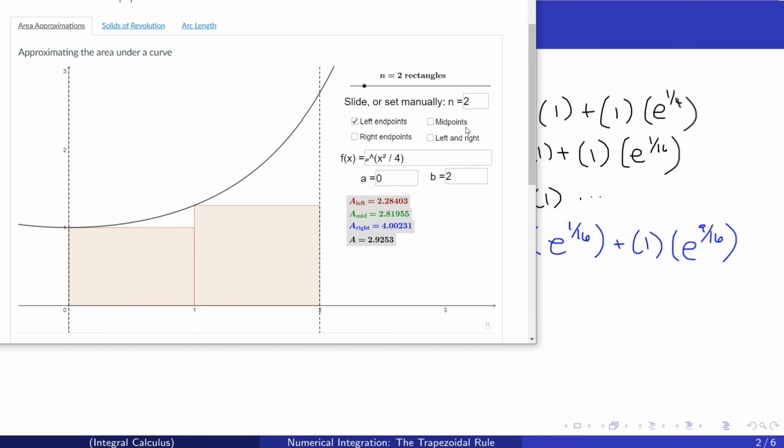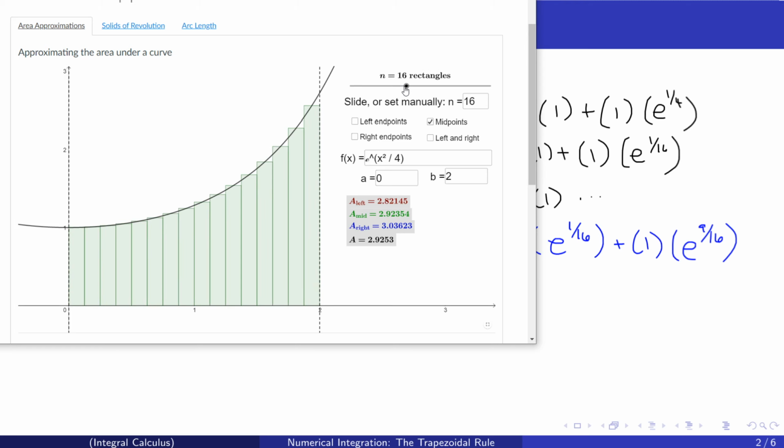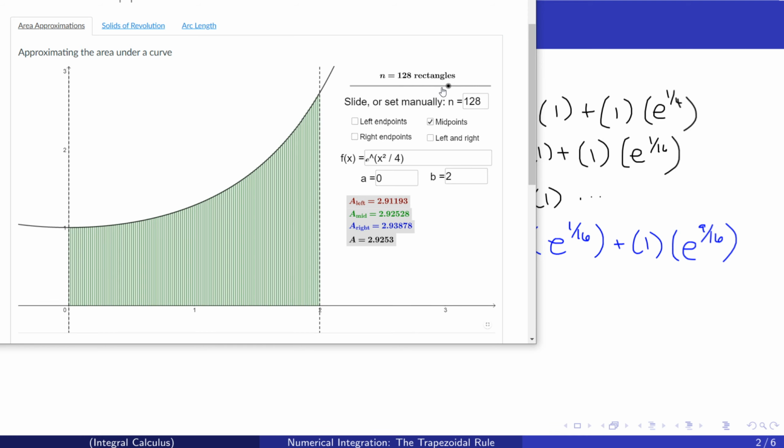You'll see that using midpoints, even though we can't evaluate the integral by looking for an antiderivative, at n equals 256 rectangles the midpoint approximation, 2.9253, is indistinguishable from the exact value, 2.9253, in the sense that if we're only looking at the first 4 decimal places, then that's good enough.